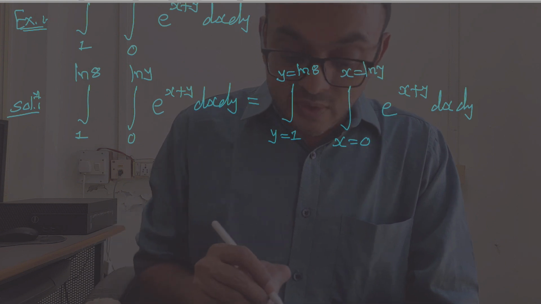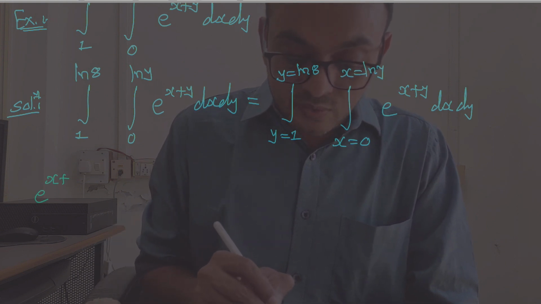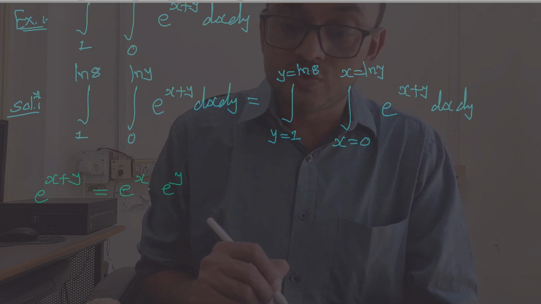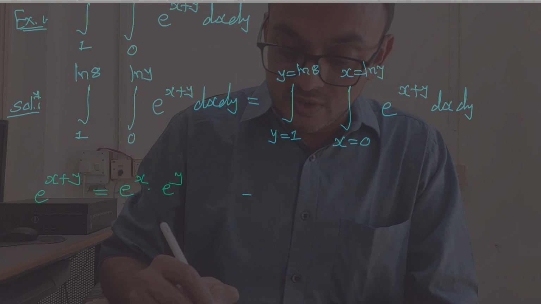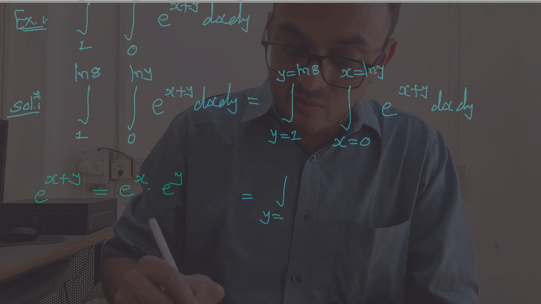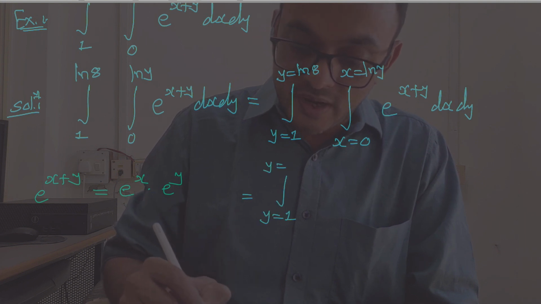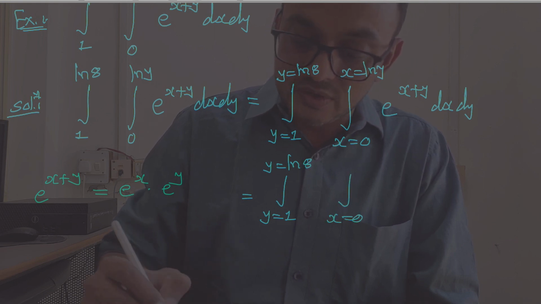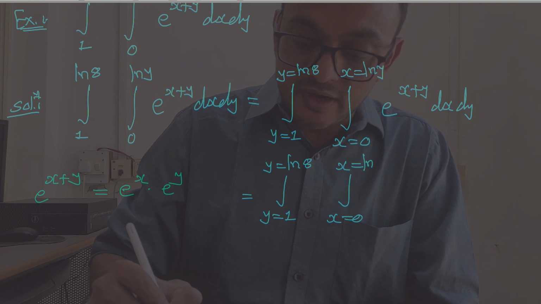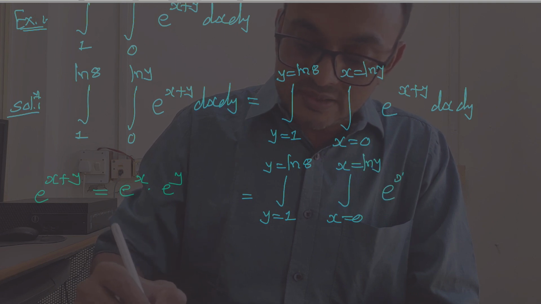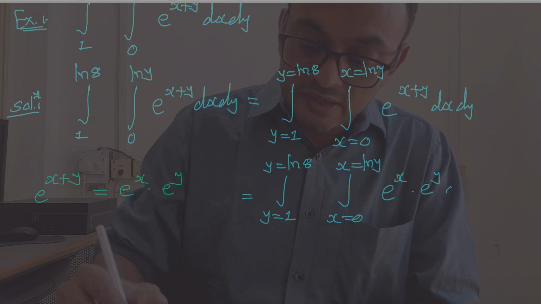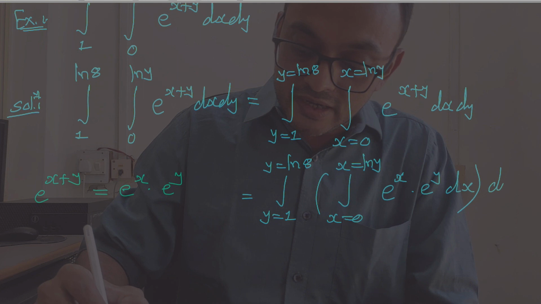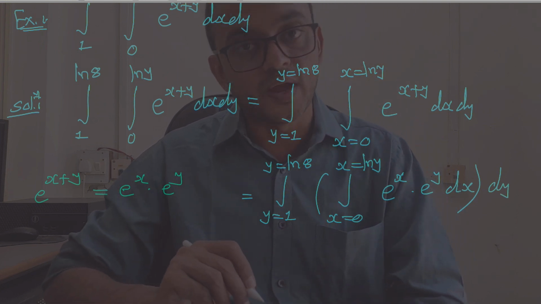How do we write e raised to x plus y? e raised to x plus y is equal to e raised to x into e raised to y, right? So this is equal to integration y is equal to 1 to y is equal to ln 8, integration x is equal to 0 to x is equal to ln y, e raised to x into e raised to y dx. First I integrate with respect to x and then I integrate with respect to y, right?